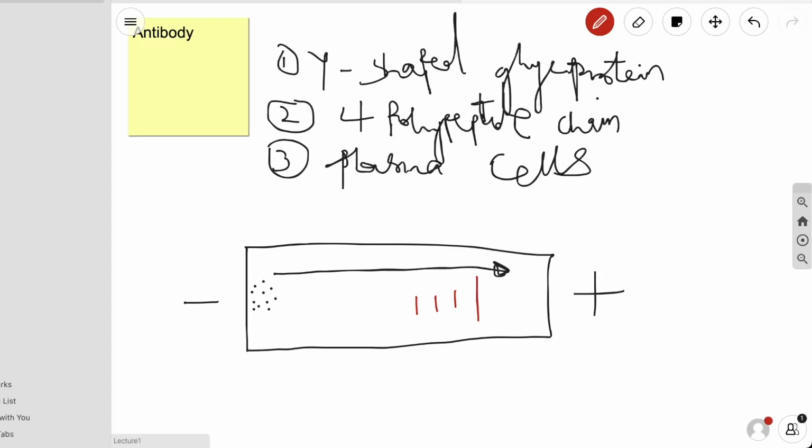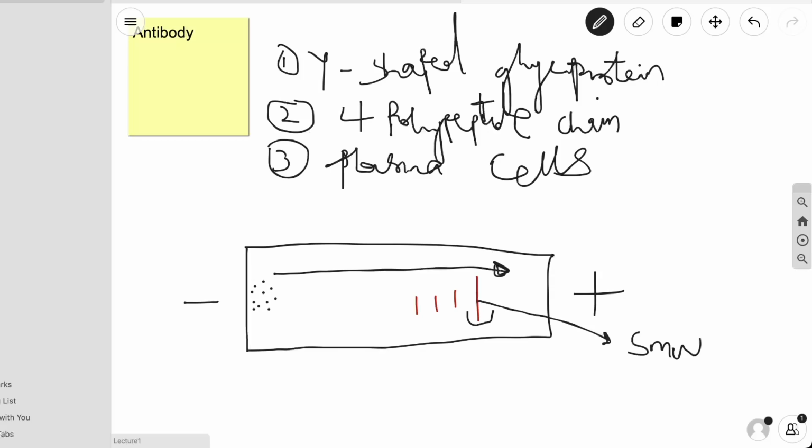So if I ask you about the weight, the ones towards the positive side have a small molecular weight, and the ones behind these smaller ones are the heavy chains, and they have large molecular weights.